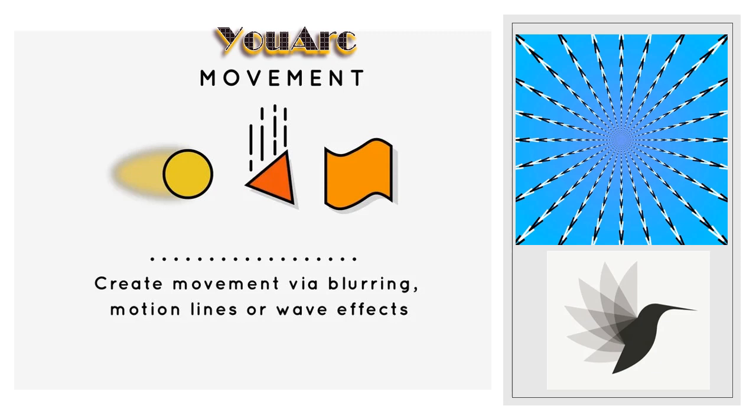It is made with simple sharp geometric shapes with various opacities overlaid on each other to replicate a hummingbird's wings in flight. This simple effect of overlaying with different opacities creates a clean, clear, sophisticated sense of movement here. So this is all about the movement principle. Hope you got it.